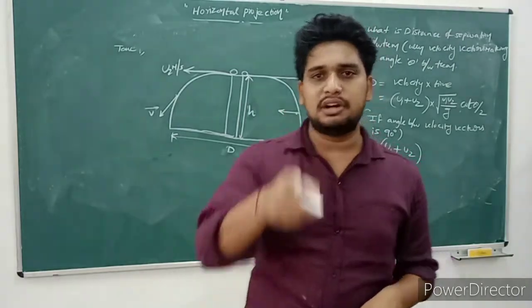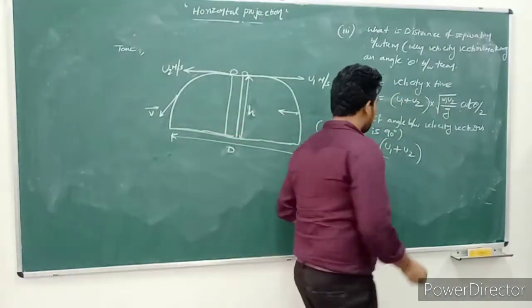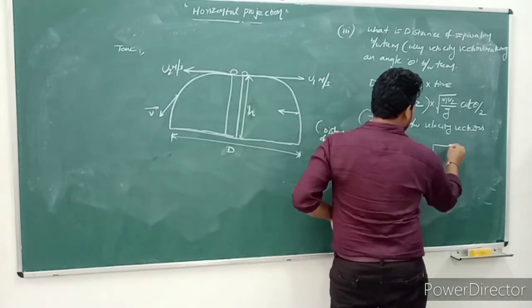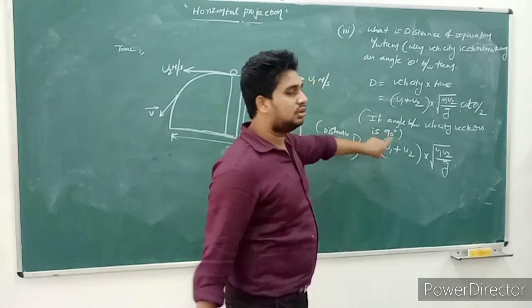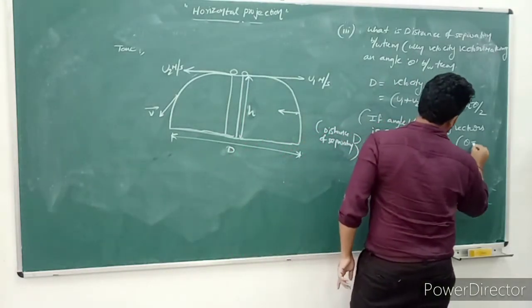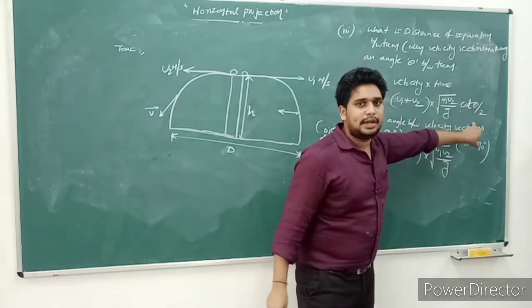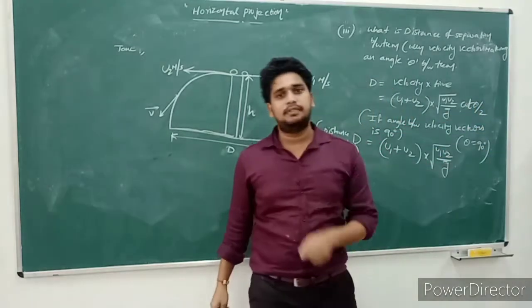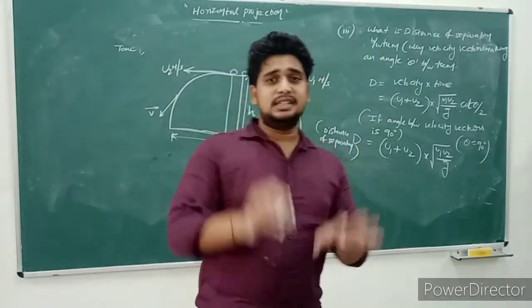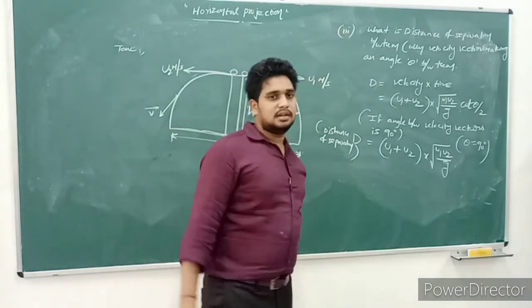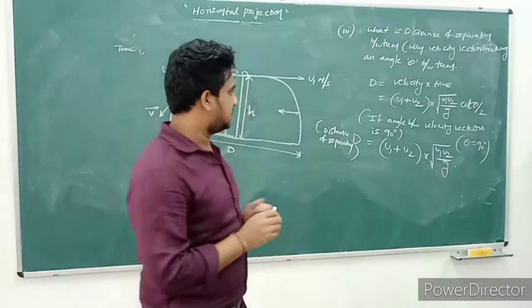Cot 45 is 1, right? So you get the relation u1 plus u2 into root u1 u2 by g, because here theta is equal to 90 degrees. If you substitute, cot 90 by 2 means cot 45, value 1, right? This is about the third point in this application. Okay, so next.